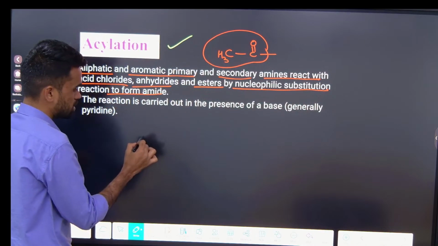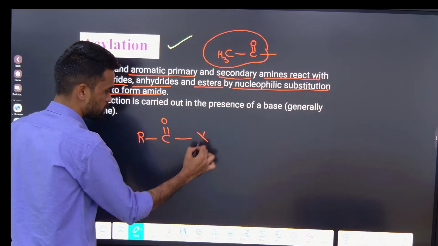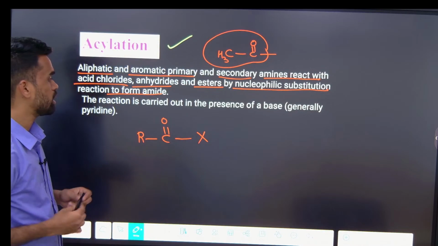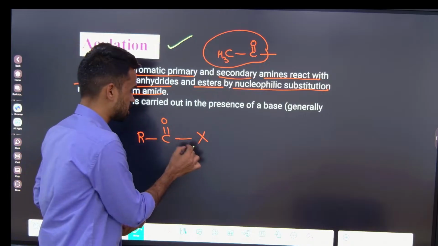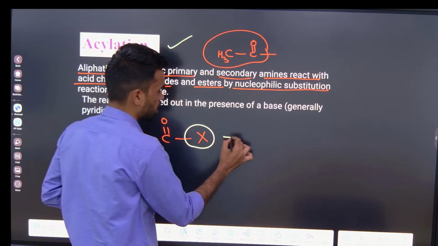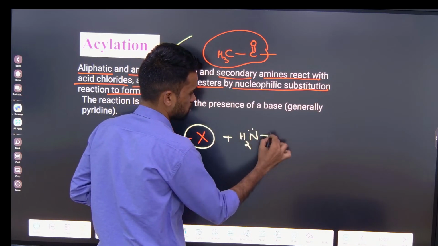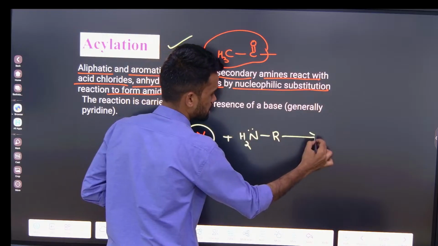So it's very easy. See what I am taking here, acyl halide, let us say this is something like an acyl halide. Let us consider X is a halide ion, a good leaving group here. Now what happens, we are reacting this with a primary amine.